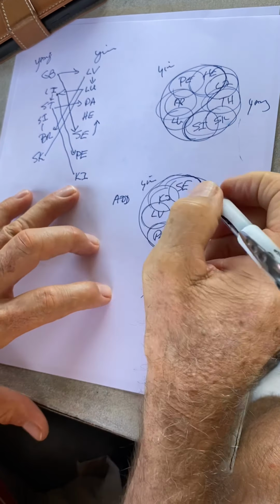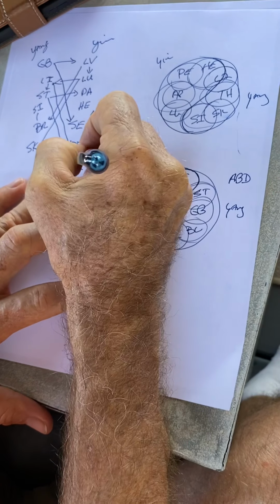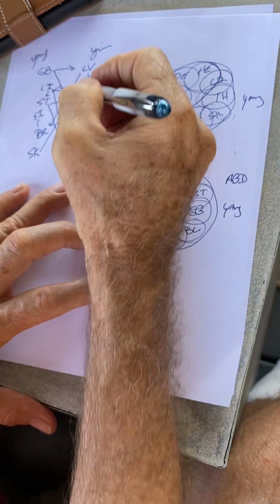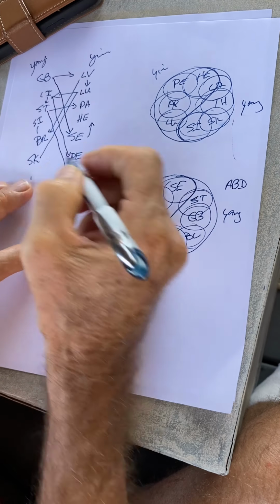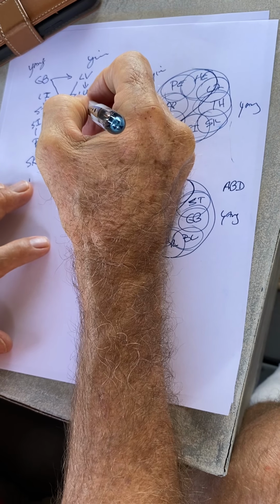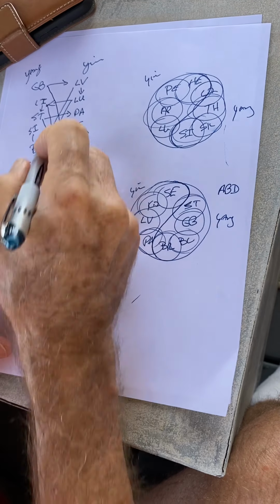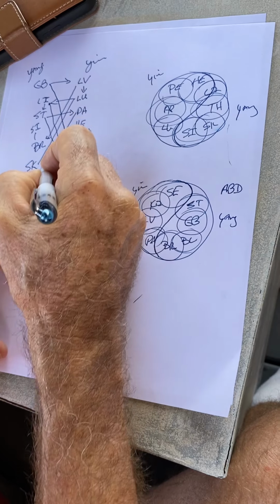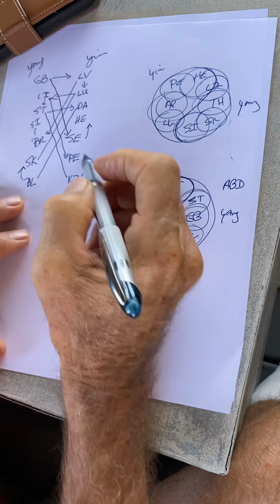And then above kidney is pericardium. See, that's already there, right? Stomach is opposed by kidney. Pancreas is opposed by bladder in the lower body, but in the upper body, that would be skin.